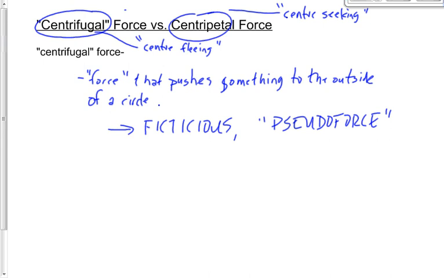Let me give you another scenario here, okay? I'm going to sit in my seat here, and I'm going to pretend that I'm sitting in the driver's seat of my car. Somebody comes up behind me and hits me from behind. What happens to me? Well, my head goes back, right? Well, we know it doesn't really go back. When we talked about Newton's first law, we know that my head stays at rest and my body goes forward, right?